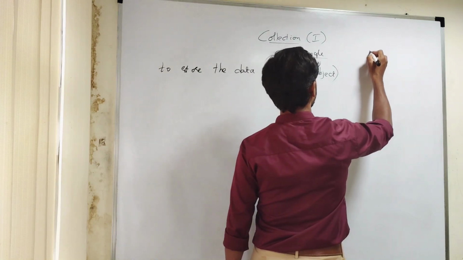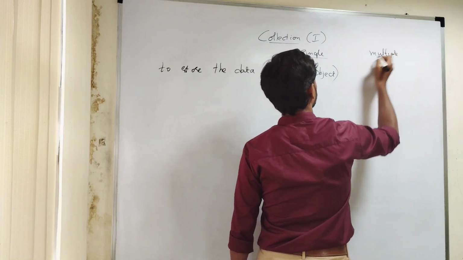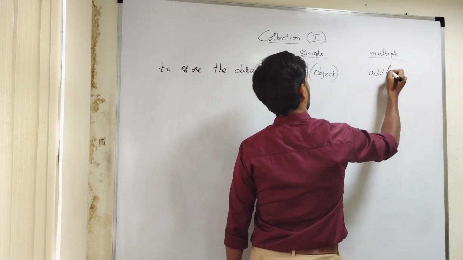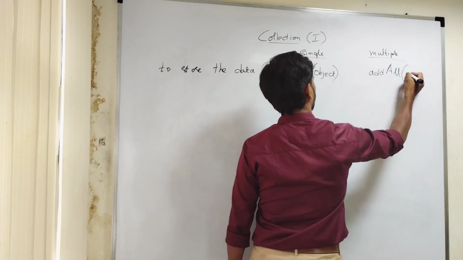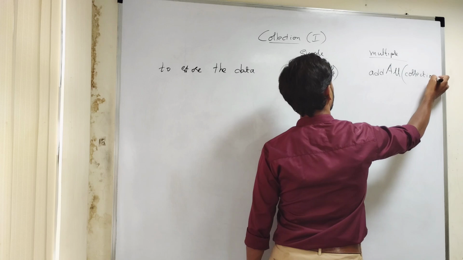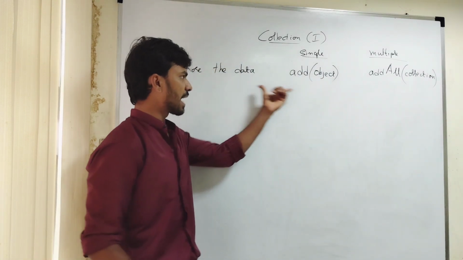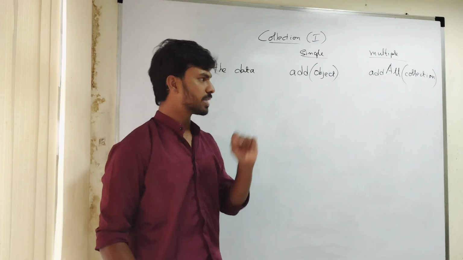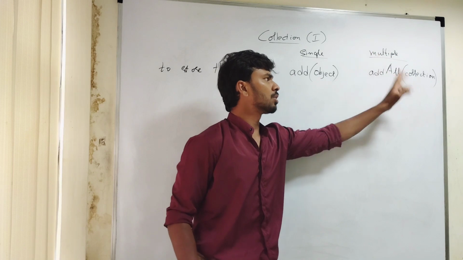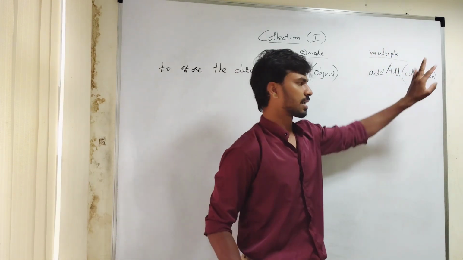For multiple objects, we have addAll, where we have to pass a collection object. These are the two methods. The first is the add method to add one single object, and the other is addAll, to add multiple objects at one time, which takes a collection.